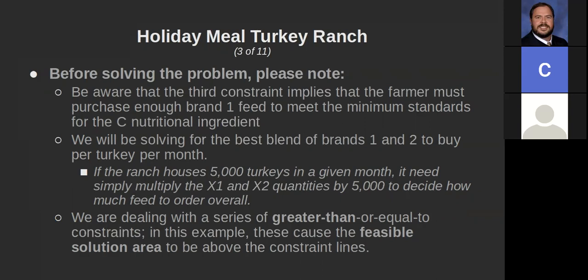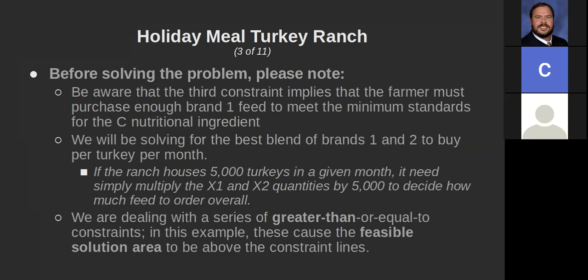We'll solve for the best blend of brands 1 and 2 to buy per turkey per month. For example, if the ranch houses 5,000 turkeys in a given month, it will simply multiply the X1 and X2 quantities by 5,000 to decide how much feed to order overall.